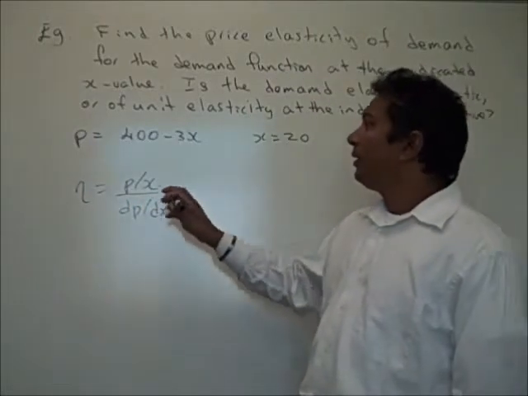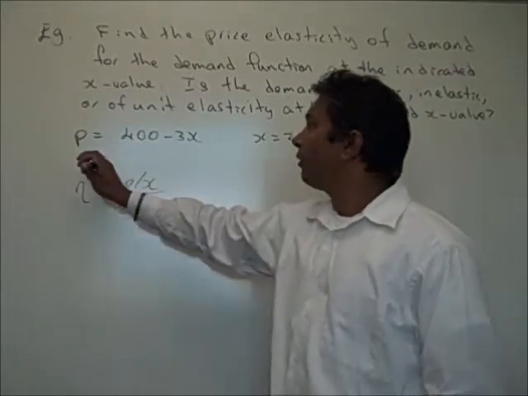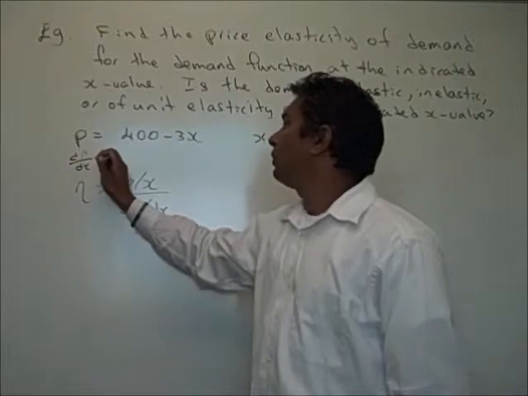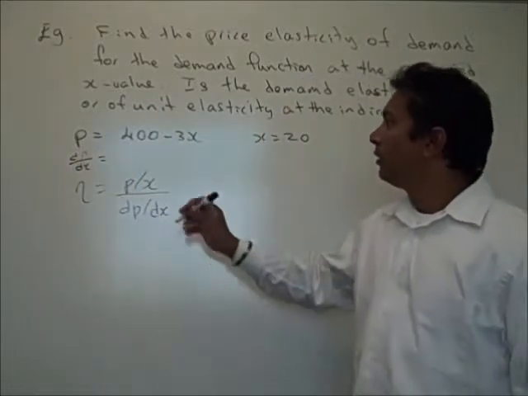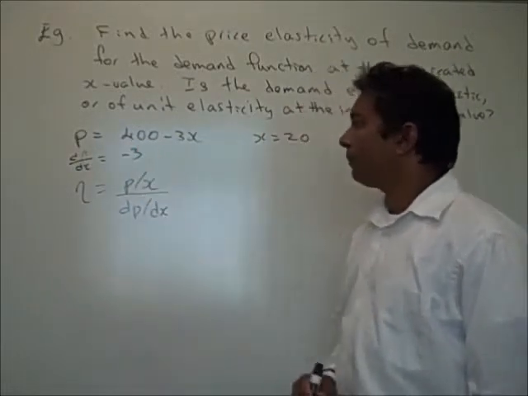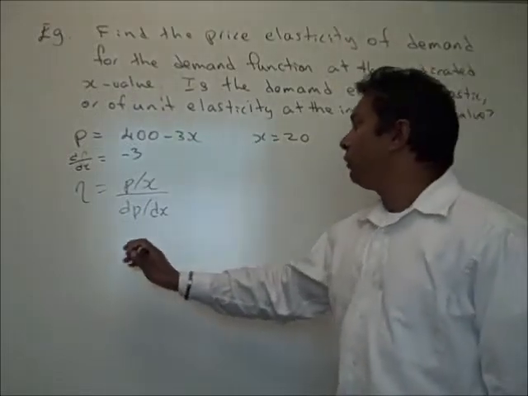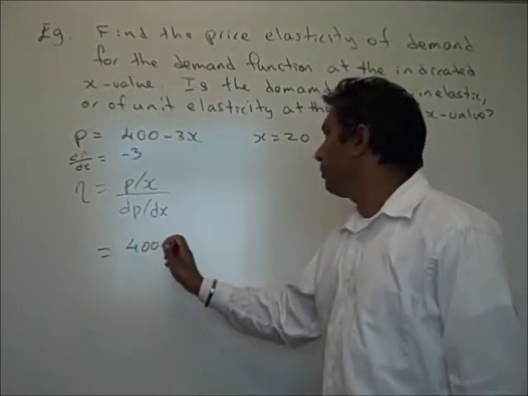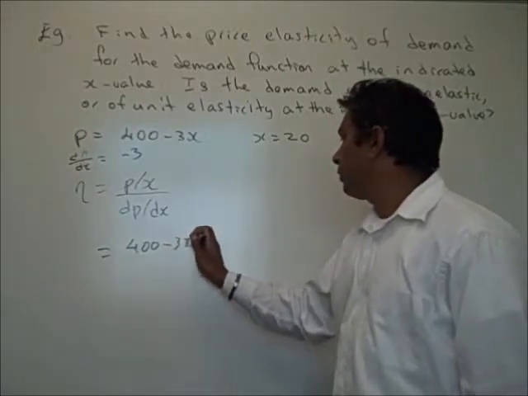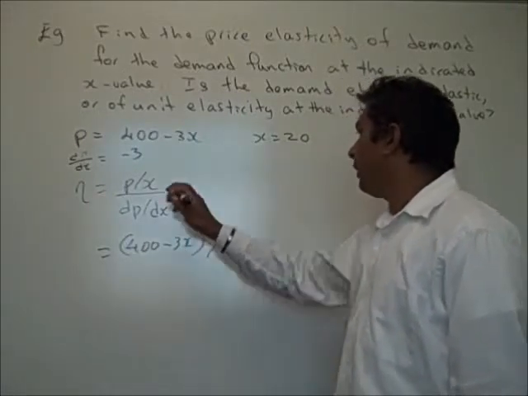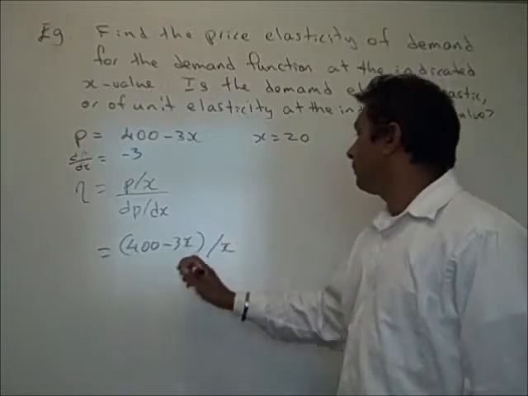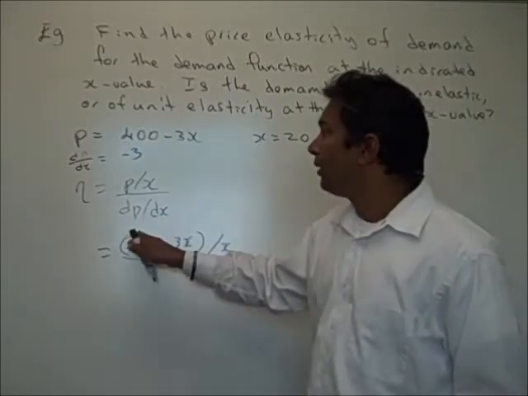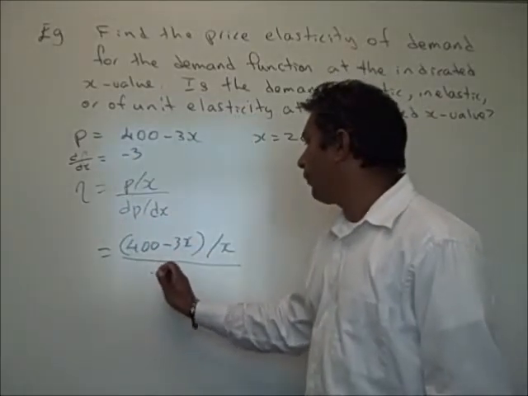Now dP by dx we can find from here by taking the first derivative. The first derivative of this would be -3. So if we replace P, which is 400 minus 3x, divided by x, so this is P divided by x all over dP by dx, and dP by dx is -3.